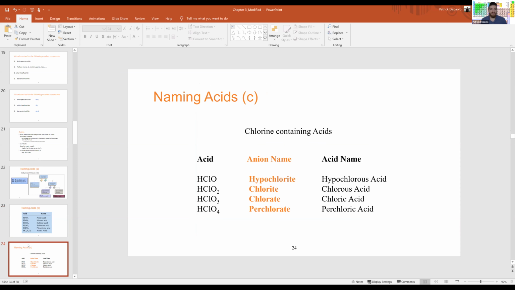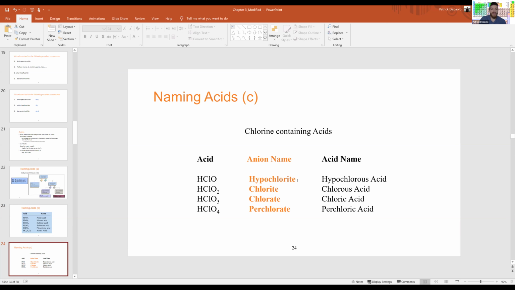Okay, so here are some other ones, here's all the chlorates. So chlorite, chlorate, hypochlorite, perchlorate, all these chlorine and oxygen containing polyatomic ions, when in their acid form, here are their names. They follow the rules pretty well.